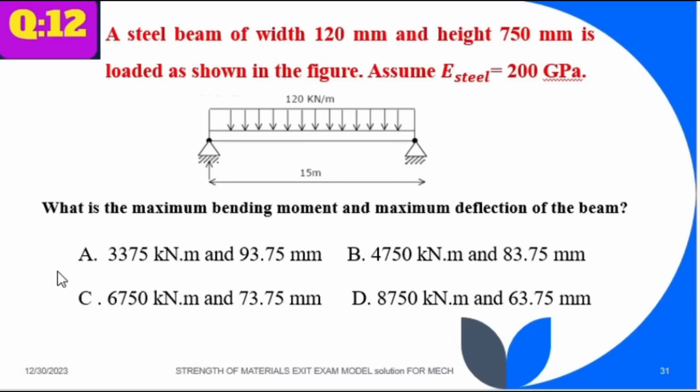B, 4750 kilonewton times meter and 83.75 millimeter. C, 6750 kilonewton times meter and 73.75 millimeter. D, 8750 kilonewton times meter and 63.75 millimeter.